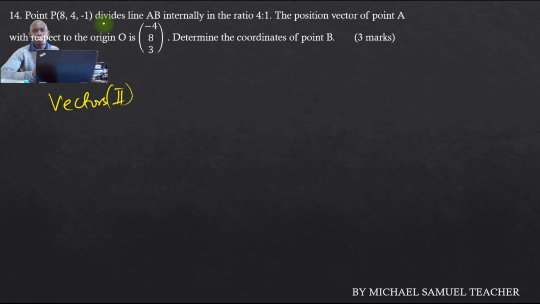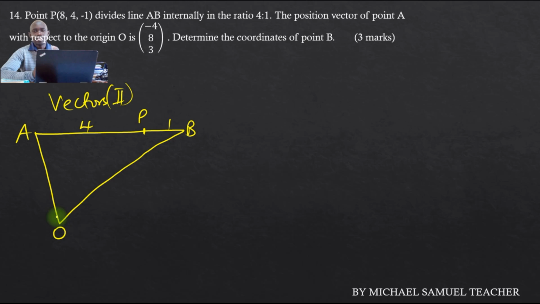Point P divides line AB internally in the ratio 4:1, and we have the position vector of point A. When we talk about a position vector, it is a vector from the origin, so we have to indicate this from point O. This will be P vector, A vector, B vector.